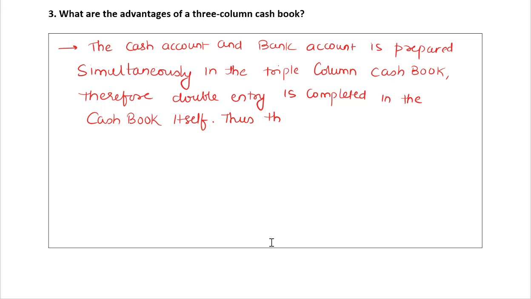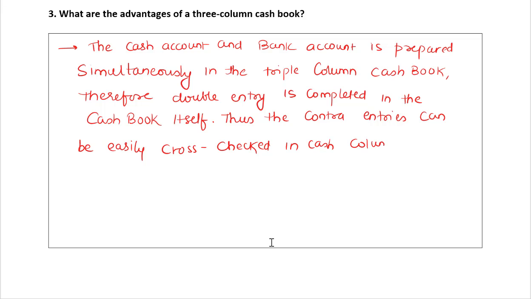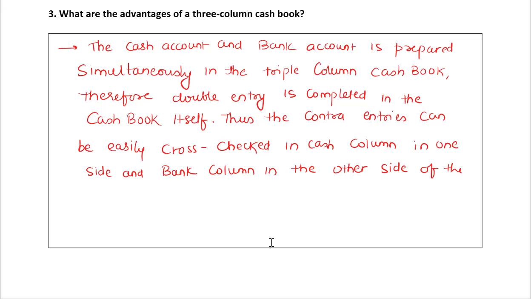Thus, the contra entries can be easily cross-checked in cash column in one side and bank column in the other side of the cash book.